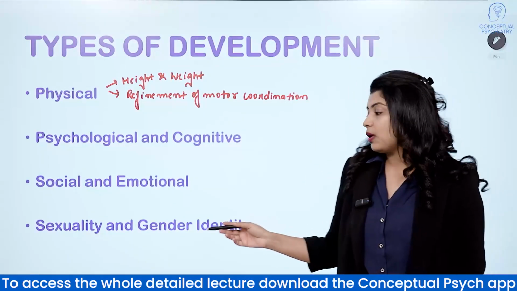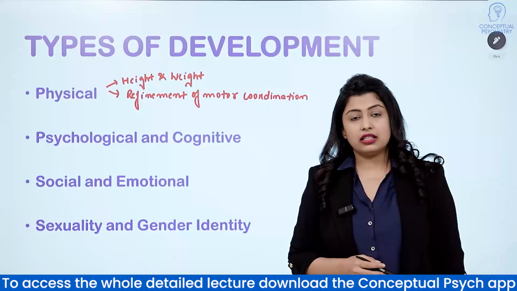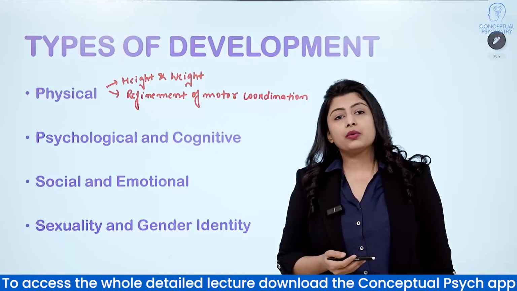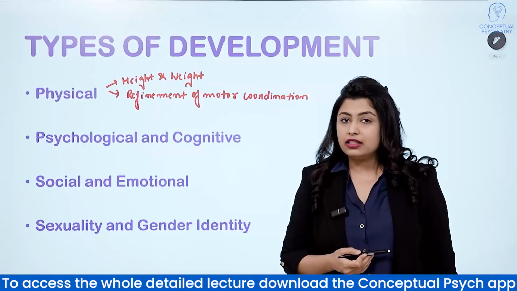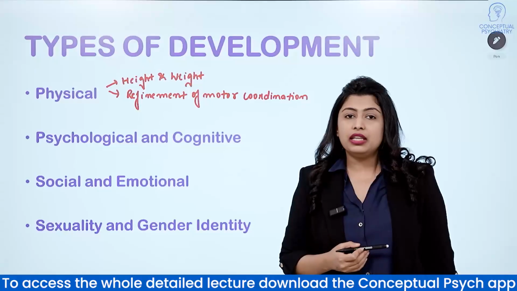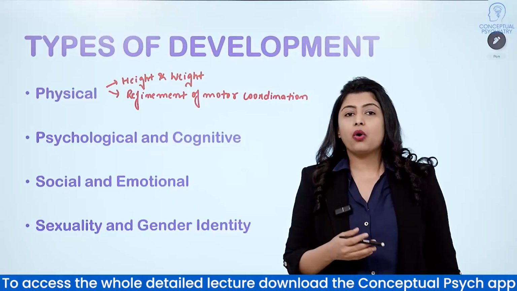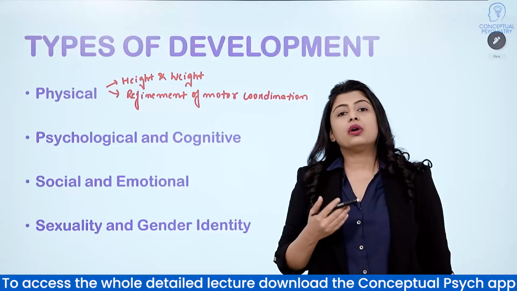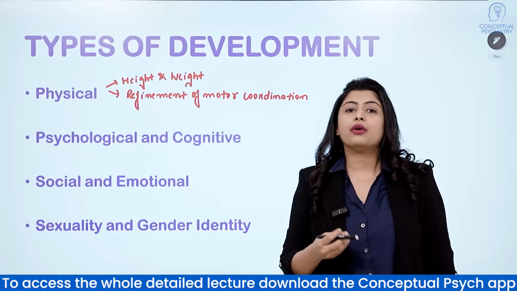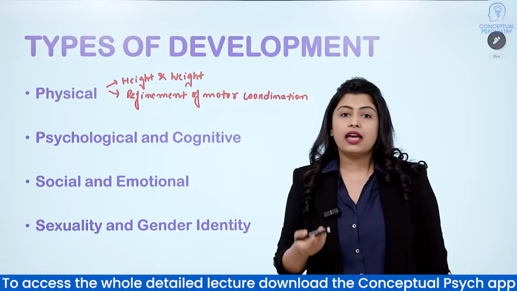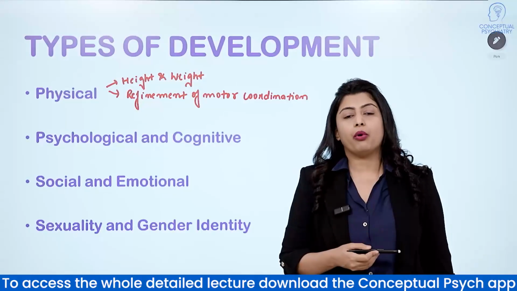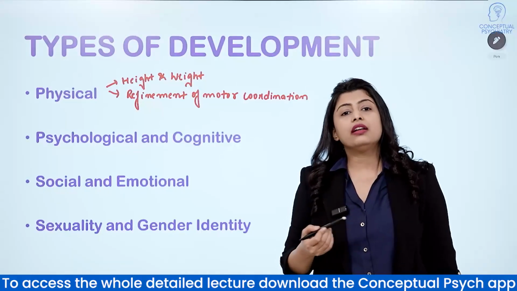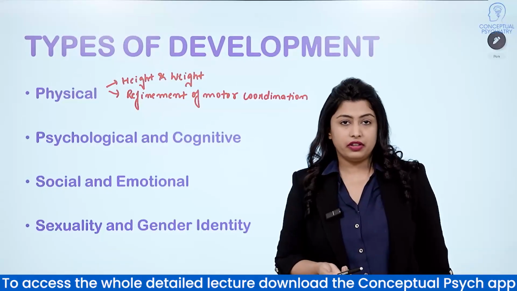Then comes sexuality and gender identity. Children also develop sexually and form a gender identity. This development is unique as it spans across other physical, psychological, and social channels. Early on, children learn how their body works or looks and what it means to be a boy or a girl, and how boys and girls are different.